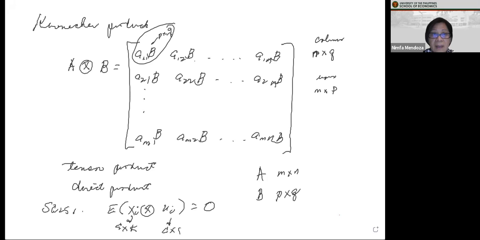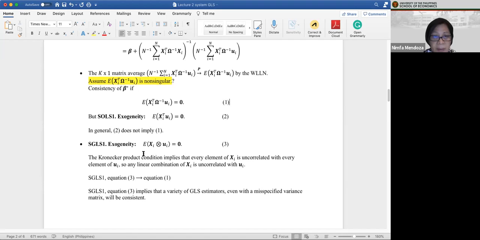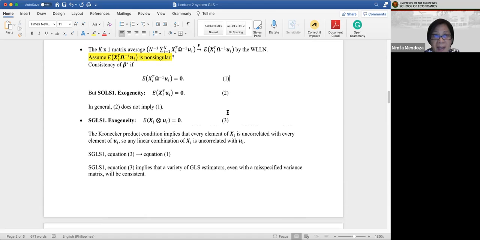Okay, so I'll go back. The Kronecker product condition implies that every element of X sub I is uncorrelated with every element of U sub I. This exogeneity assumption implies this, as I have explained here.